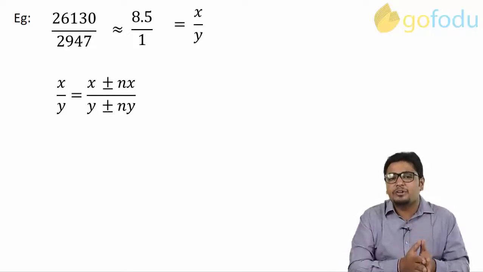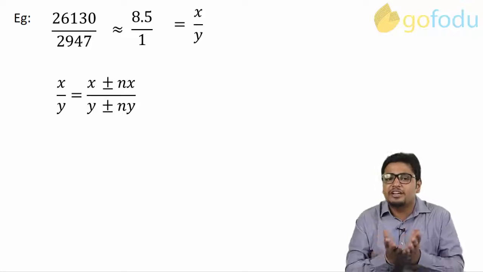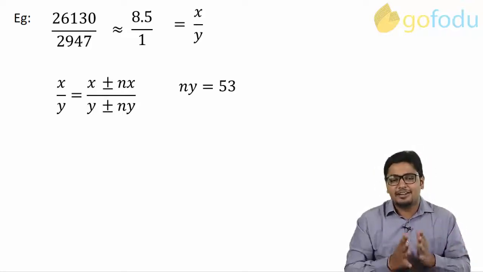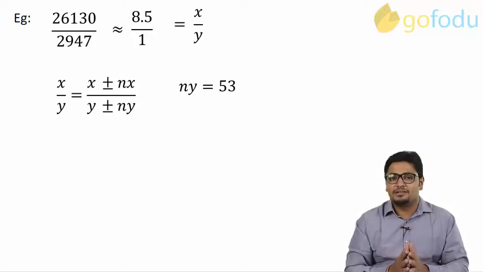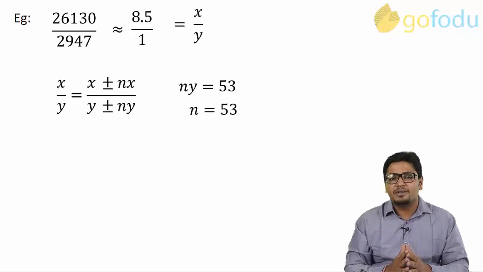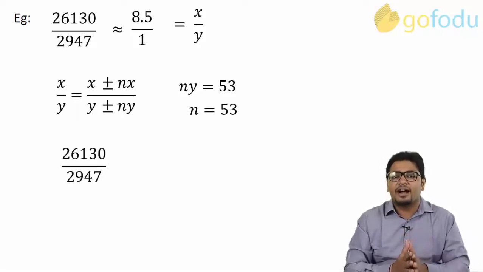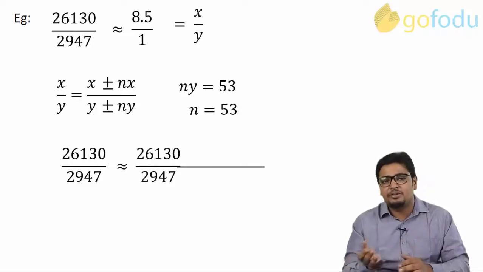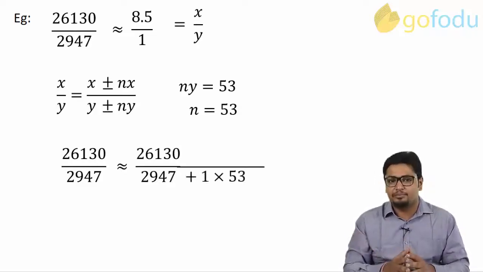So, to make the denominator equal to 3000, we need to add 53 to the denominator. Now, y is 1. That means n will have to be 53. If we write the given ratio and apply this approximation to it, then in the denominator we add 1 into 53.